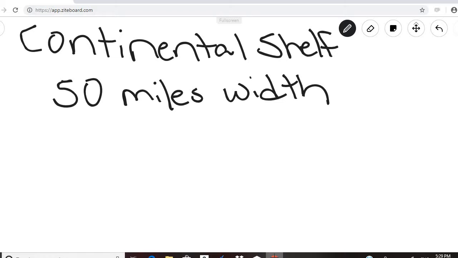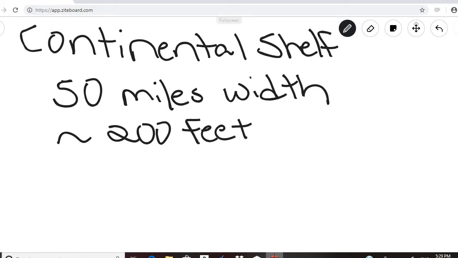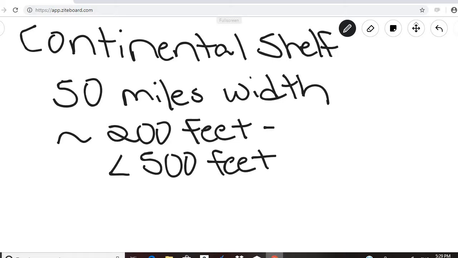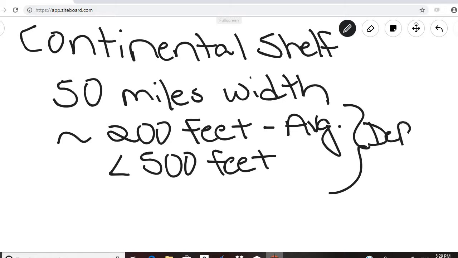And in terms of its depth, it averages about 200 feet deep. Generally we would say it's less than 500 feet, but the average depth is about 200 feet. So that is the depth of the water in the continental shelf.